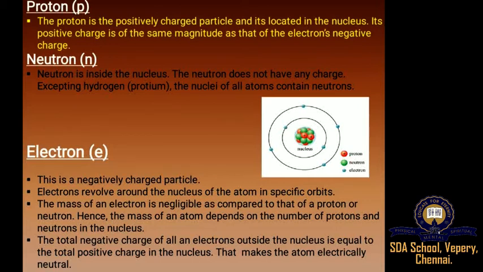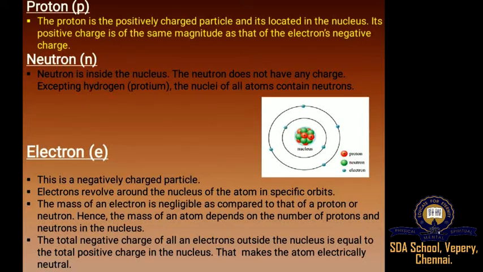Protons are positively charged, right? They are present inside the nucleus. So, this makes the atoms electrically neutral. Therefore, since the total negative charge is equal to the total positive charge, the atom as a whole is electrically neutral.